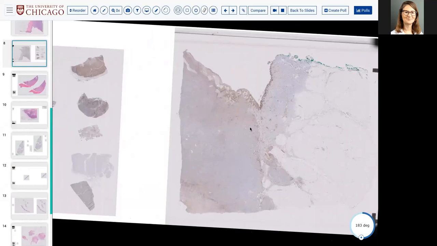What else? Extrarenal rhabdoid tumor, I will mention it since you guys did, is essentially morphologically and genetically nearly identical.